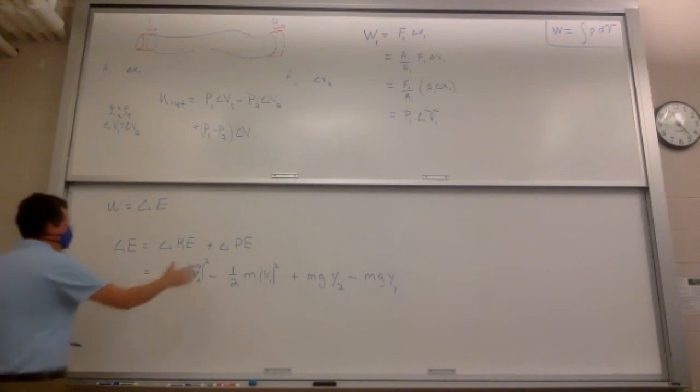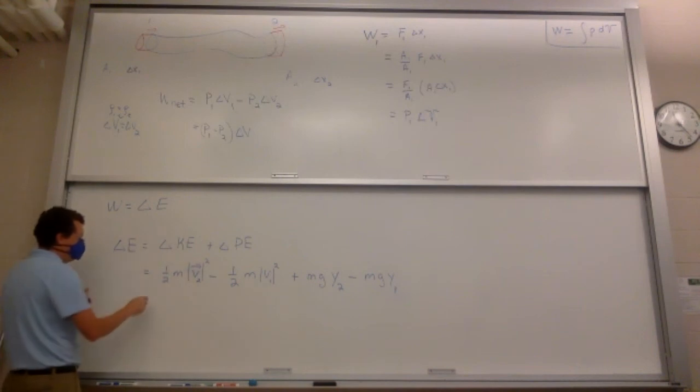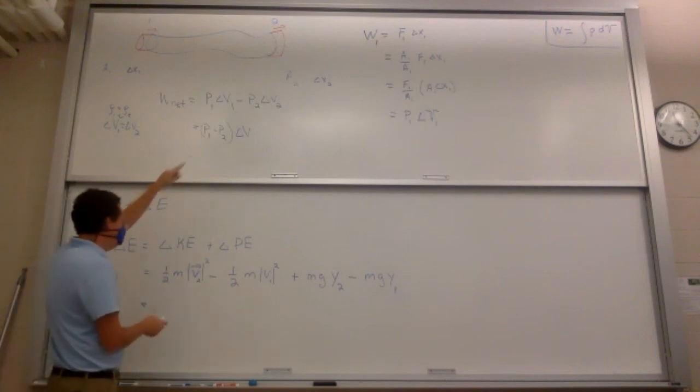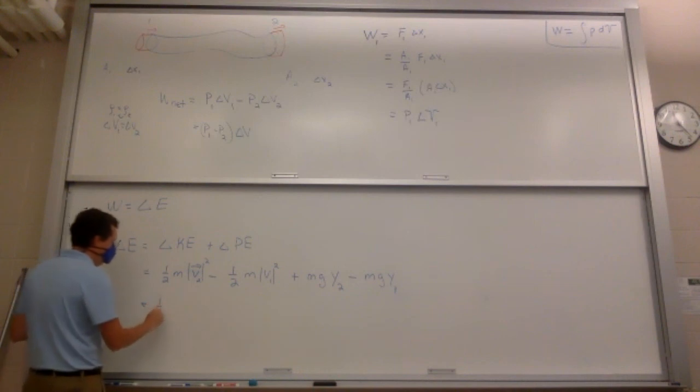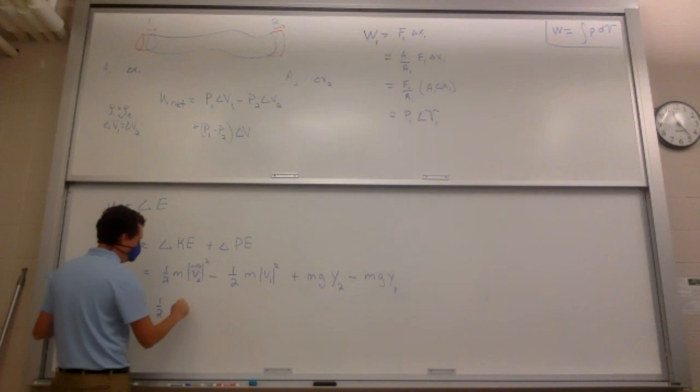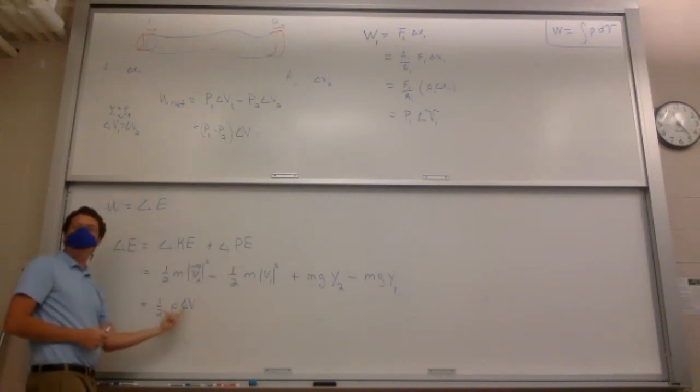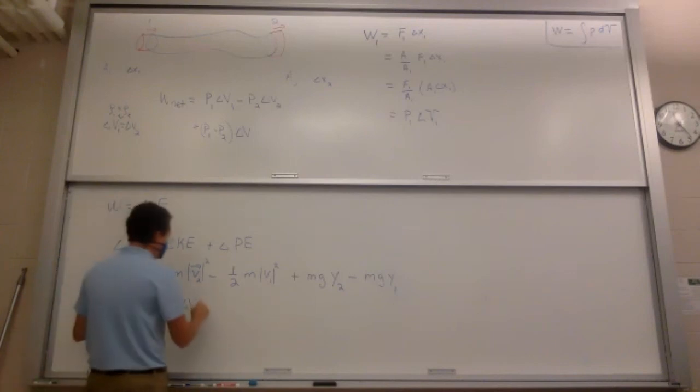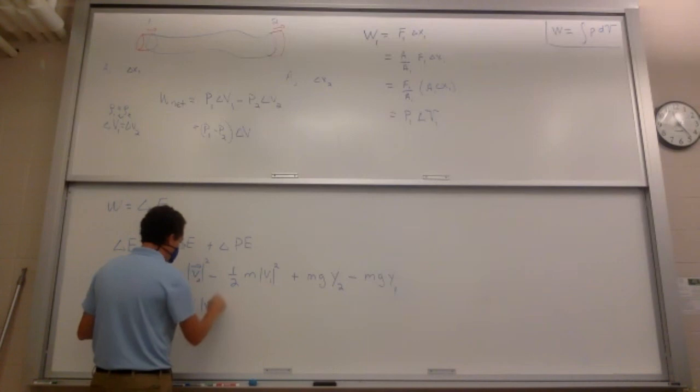Okay. Let's figure out what mass we should be talking about. Well, we're talking about the mass when it leaves. So that would be 1/2 the density of the fluid times the change in volume as it leaves. That's how much we have. And here the velocity is there.